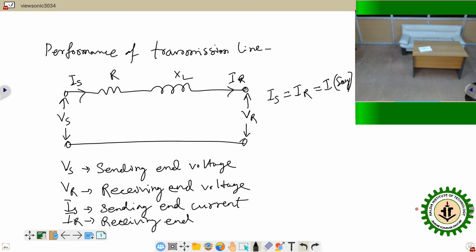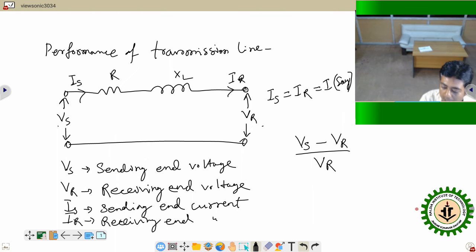Now see how we get the regulation from here. That's why I have drawn this circuit. How do we get the regulation? It is the ratio of the difference in voltage between the sending end and receiving end to the receiving end voltage. This is your regulation.